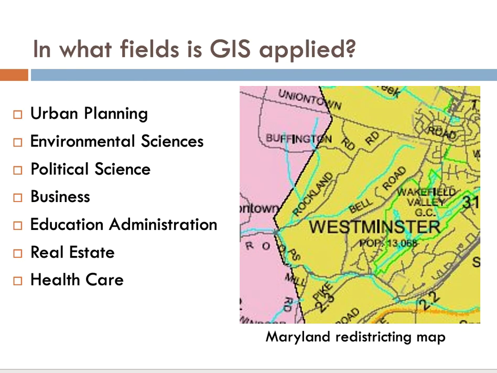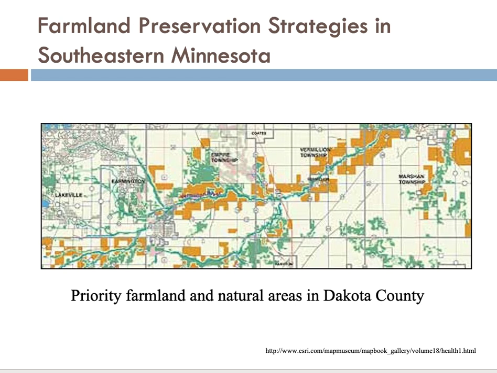So in what fields is GIS applied? GIS is applied to a lot of fields. We see that it's applied in urban planning, environmental sciences, political science, business, education administration, real estate, and healthcare. For example, we have farmland preservation strategies in southeastern Minnesota.